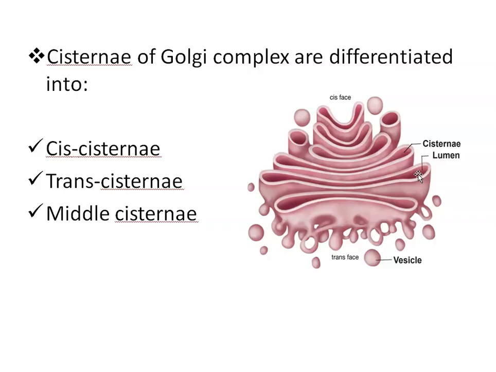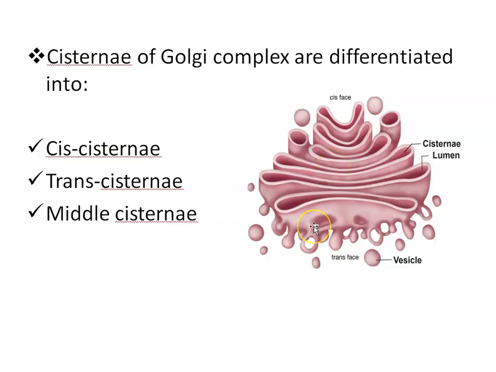Cis cisternae, here this is the convex phase, or the immature phase of the Golgi complex. They consist of a network of interconnected cisternae called cis-Golgi network or CGN. They are the site of protein phosphorylation.